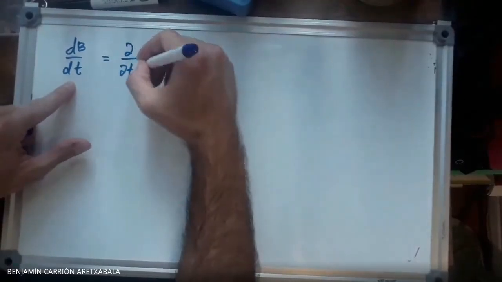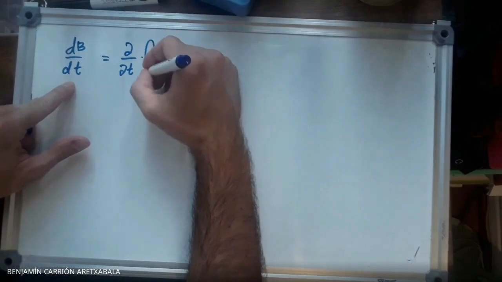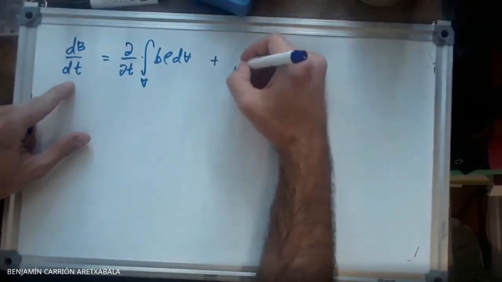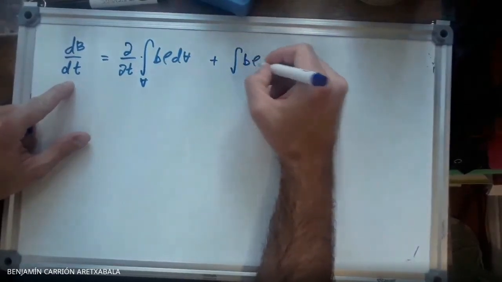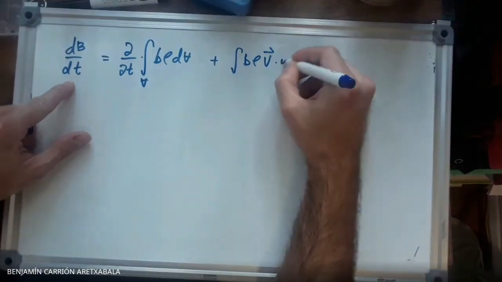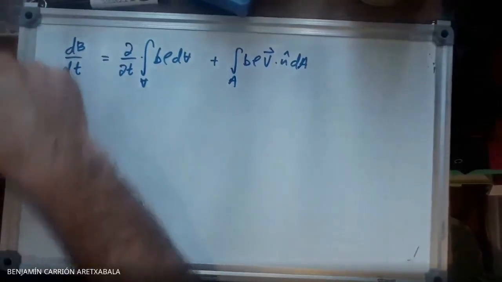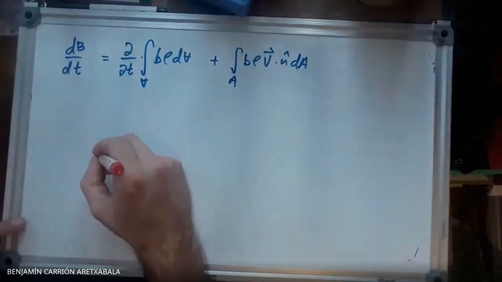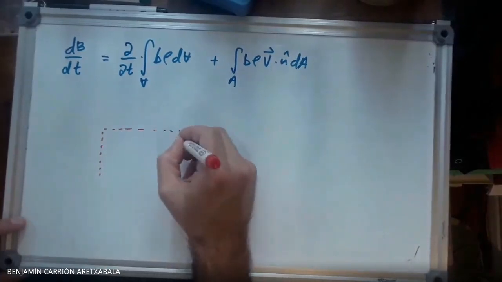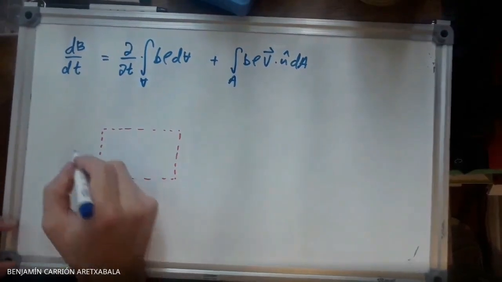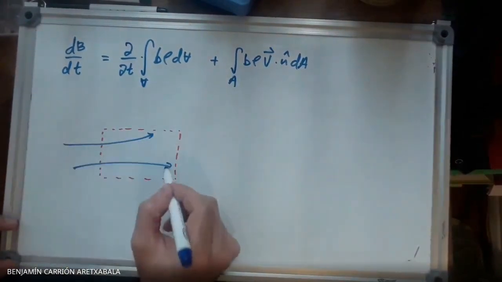So, okay, the total change is going to be equal to the change within the control volume. So this is the integral of b rho dV over the volume, plus the net flux of b rho velocity dot the normal over the area. Okay, so normally you're going to have a region of space that's going to be your control volume, and you're going to have water flowing through it, for instance.